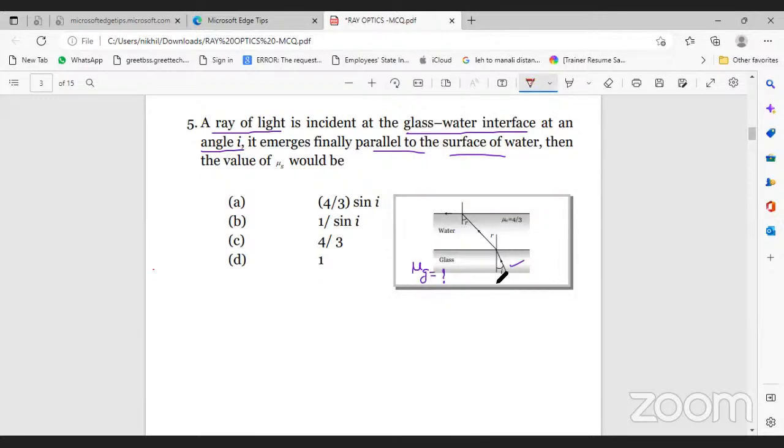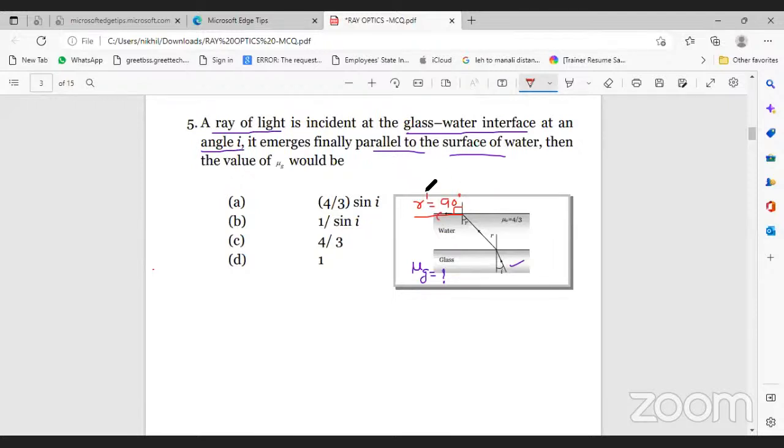Look at this. If this is I, this is R, this is R. What is this angle equal to? If the ray is grazing the surface, what is this angle equal to? 90 degrees, sir.